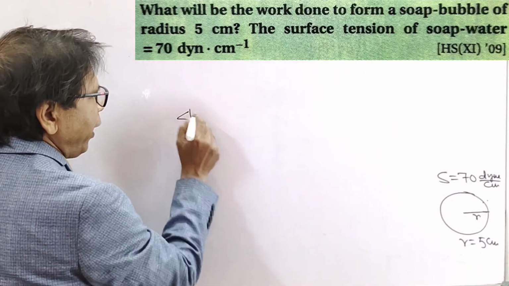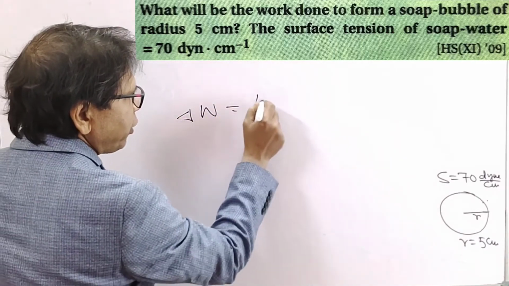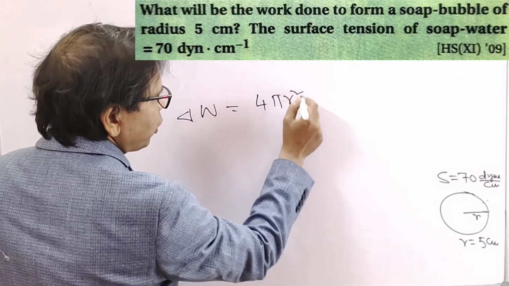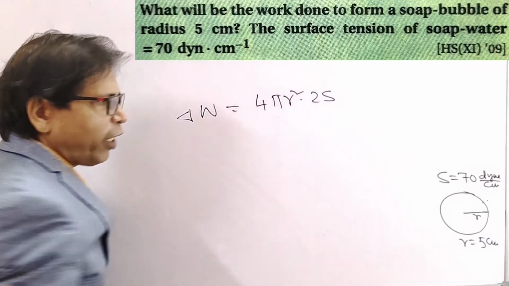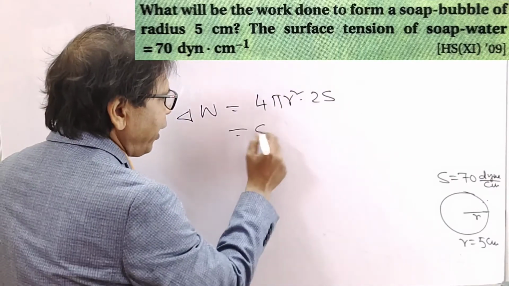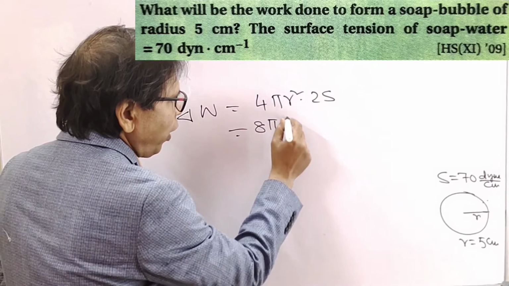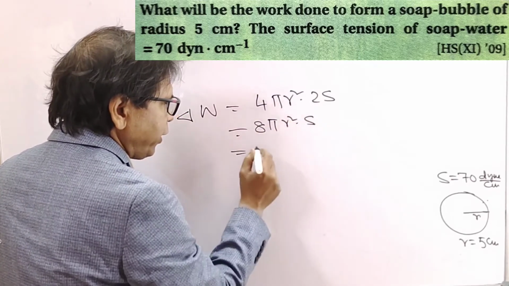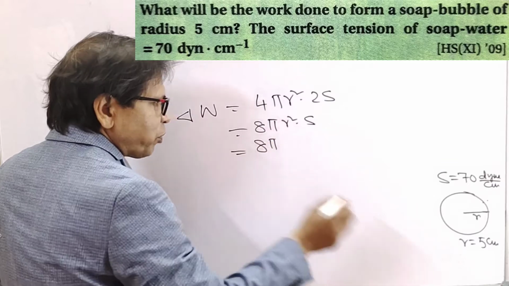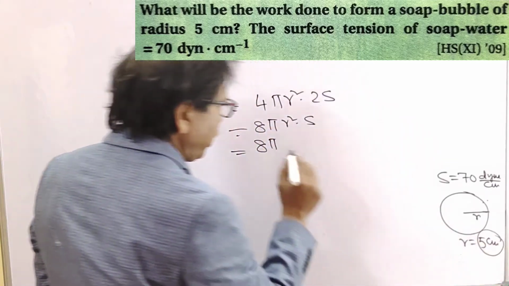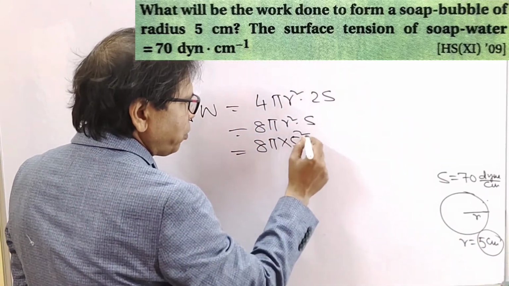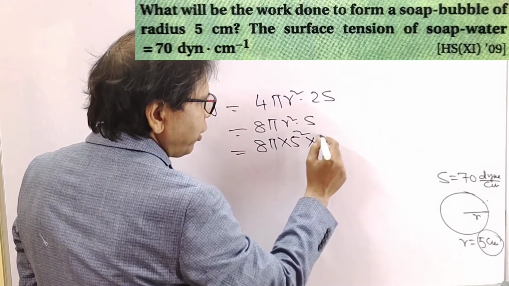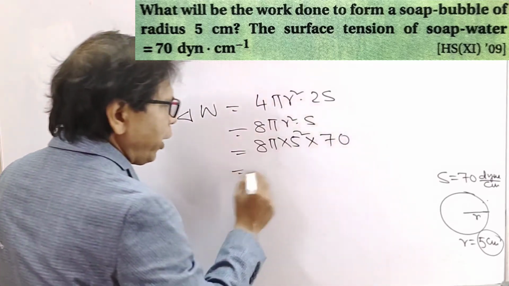So work done delta W is 4 pi r square into 2S. This is 8 pi r square S. So this is 8 pi, r is equal to 5 centimeter, so this is 5 square, and S is equal to 70.